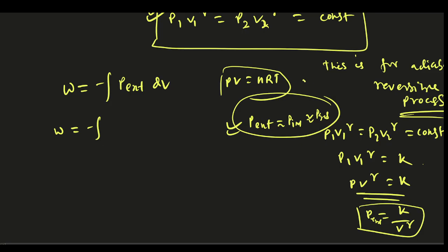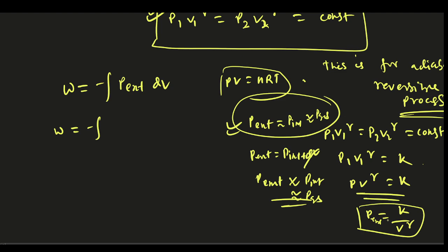I said that P external equals P internal plus dP, and this value is very small, so we are taking P external nearly equal to P internal, and that is equal to P gas. That's why I'm taking P external directly from the ideal gas equation.